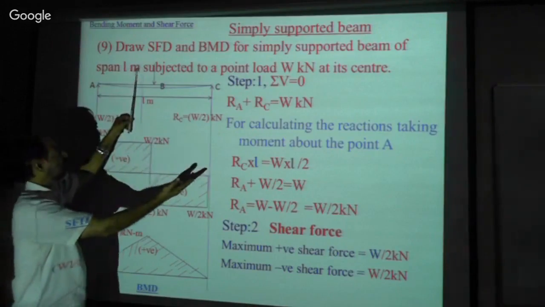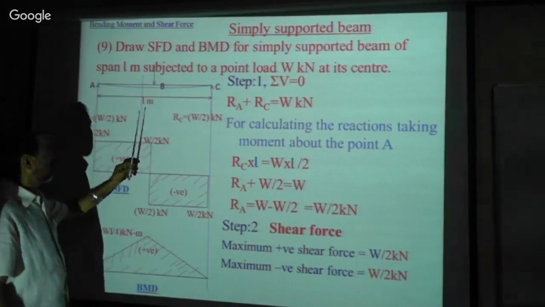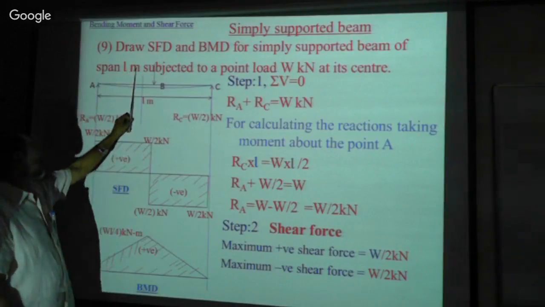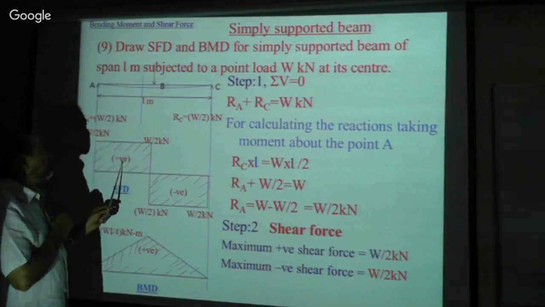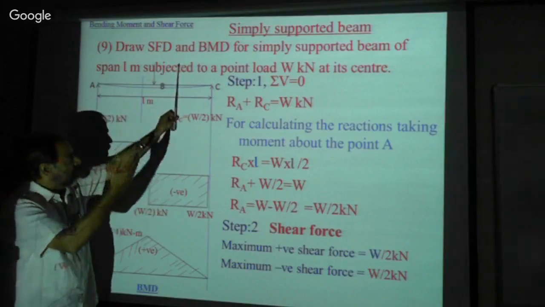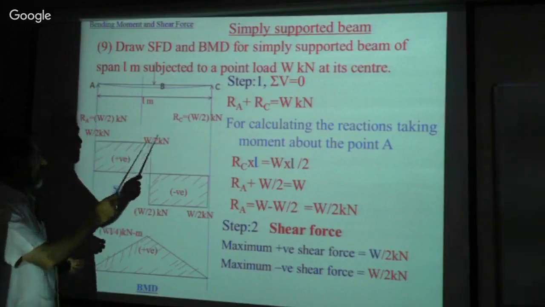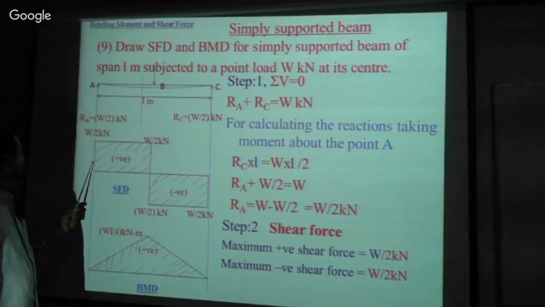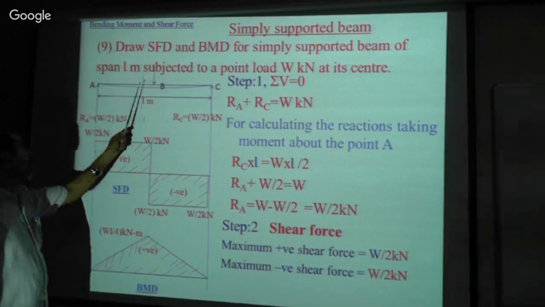If you consider the right hand section, W minus W by 2, therefore W by 2 is downward. If you consider the section, the left side is an upward resultant, therefore positive. And similarly, if you consider the right side, it is upward, therefore negative, vice versa, according to our same convention. Therefore, you go up by W by 2 kilonewton.